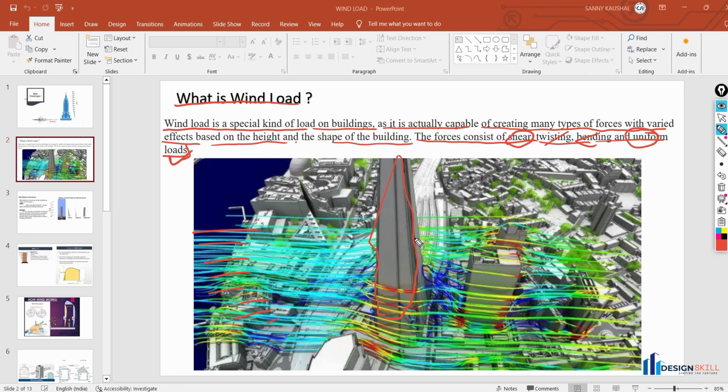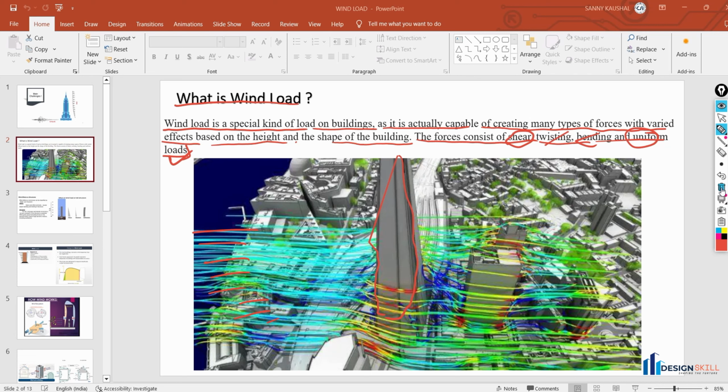Now you have understood that wind load is a type of load acting on the building, depending on the height and shape of the building, and these forces consist of shear, twisting, bending, and uniform loads. So I think you are very clear about what the wind load is.